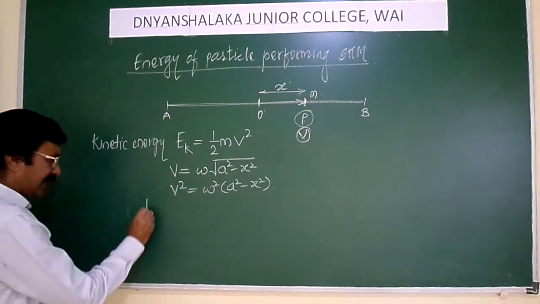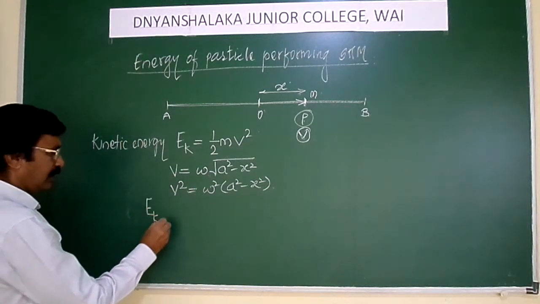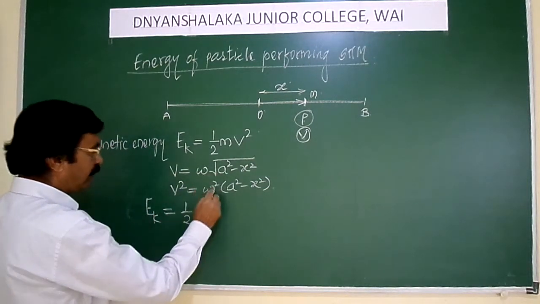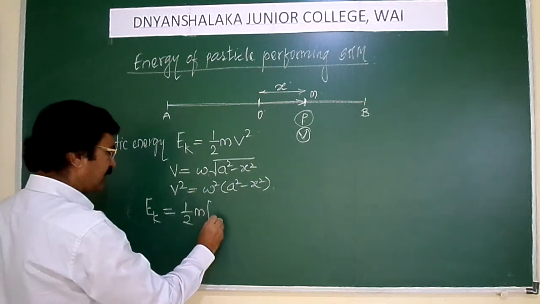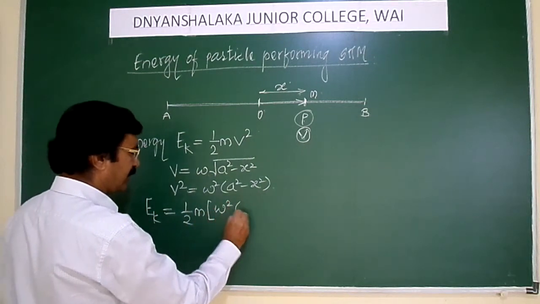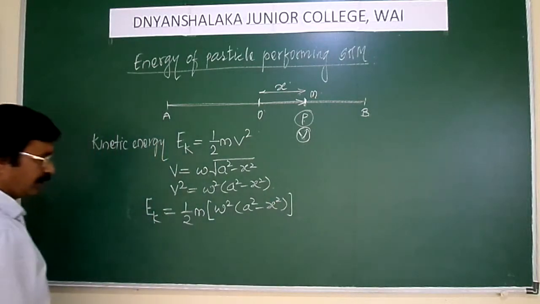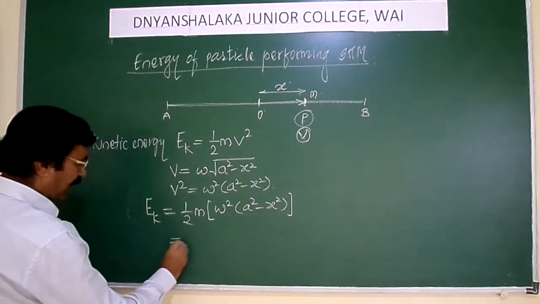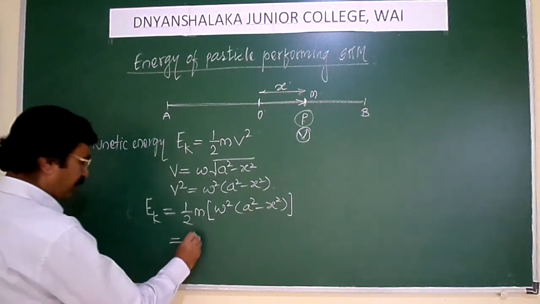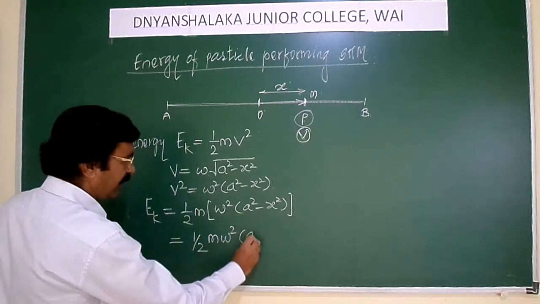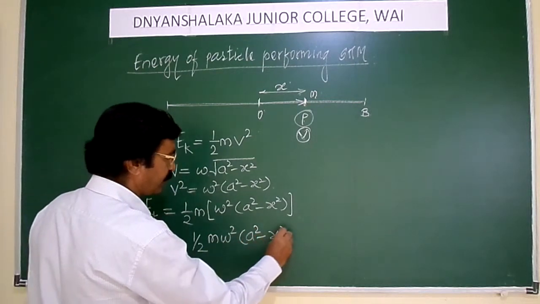And so the kinetic energy Ek will be 1/2 m. Now for v square, we can write the expression as omega square in the bracket a square minus x square. And so the kinetic energy at point P is 1/2 m omega square a square minus x square.